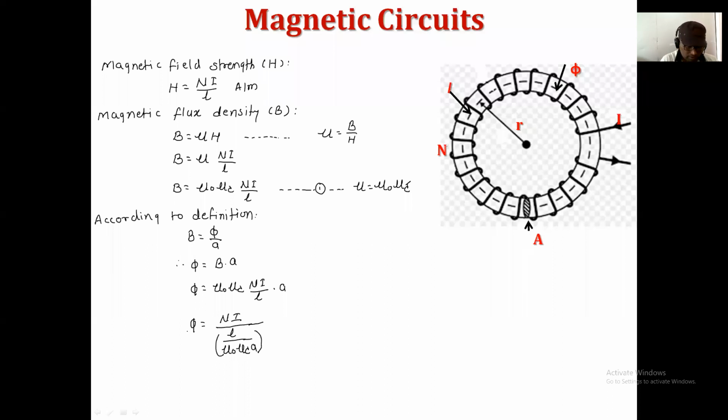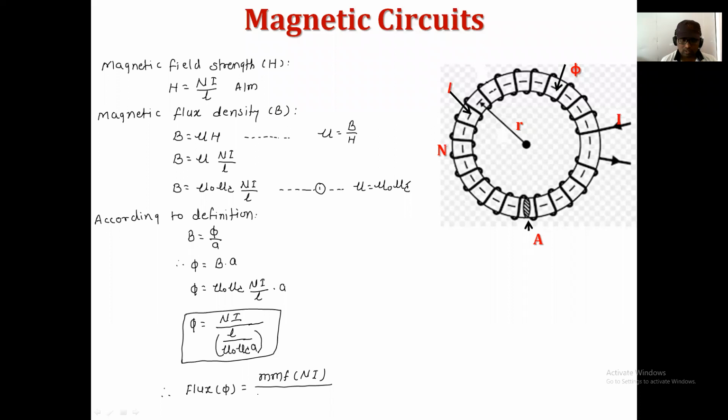Okay. And just make a box for that formula. Then below that, you can write flux. Phi means what? It is the flux, which is equal to the numerator term. What does it indicate? MMF, in bracket, Ni, divided by the denominator term.